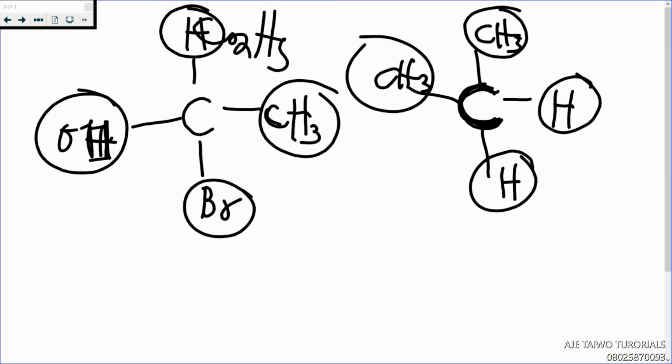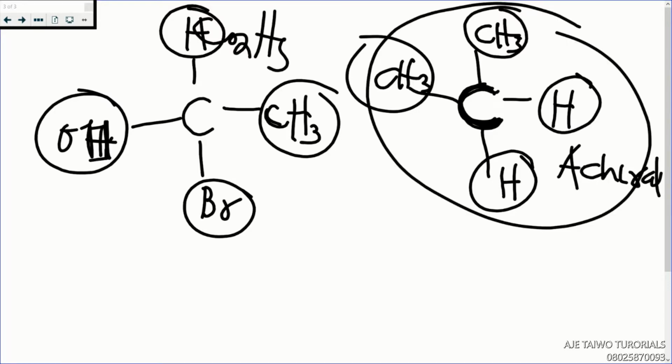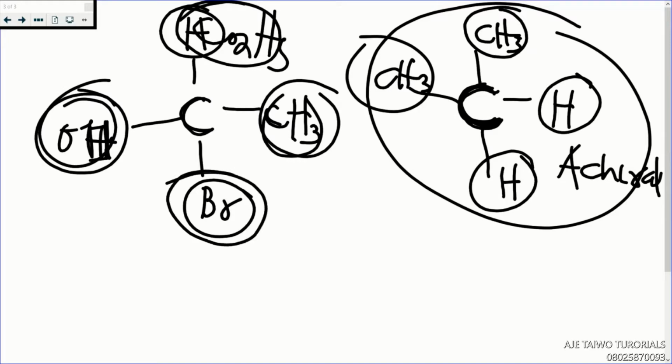So this will be called an achiral center carbon. This is a chiral center because what is surrounding this carbon, they are all different.